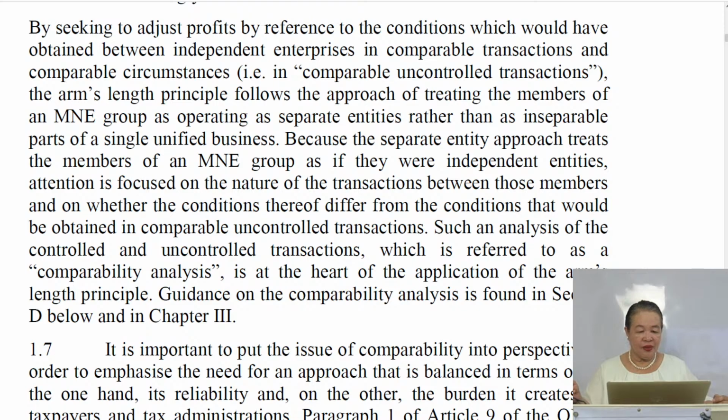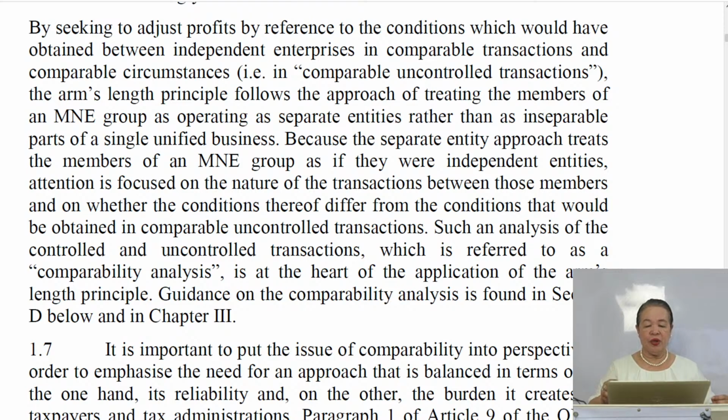By seeking to adjust profits by reference to the conditions which would have obtained between independent enterprises in comparable transactions and comparable circumstances. So that is two, okay?